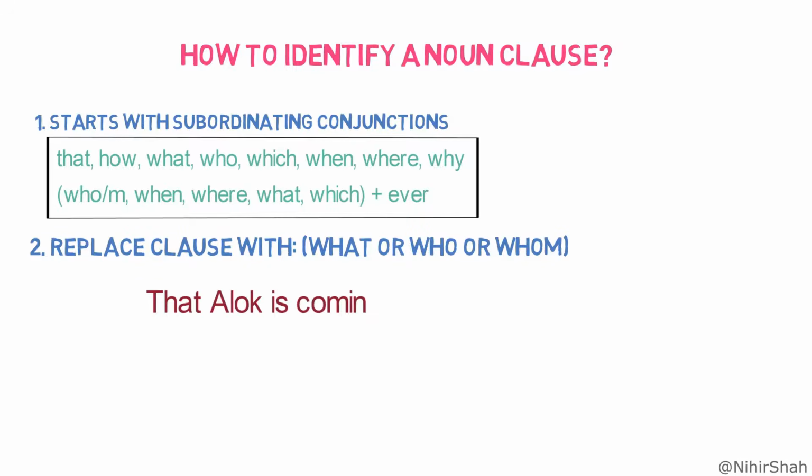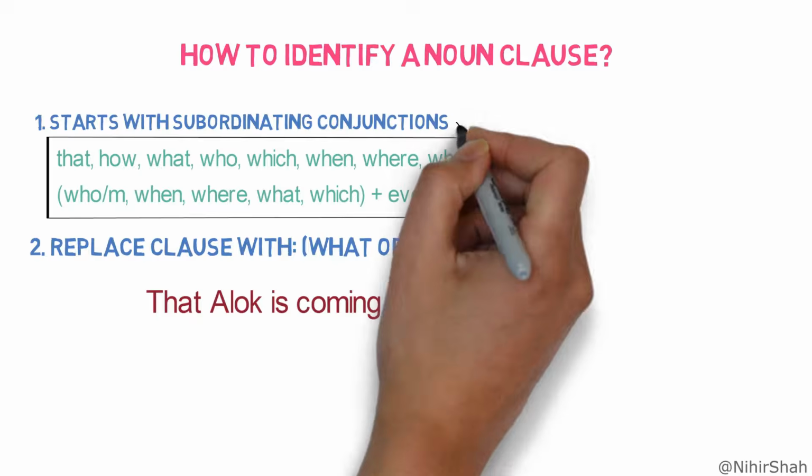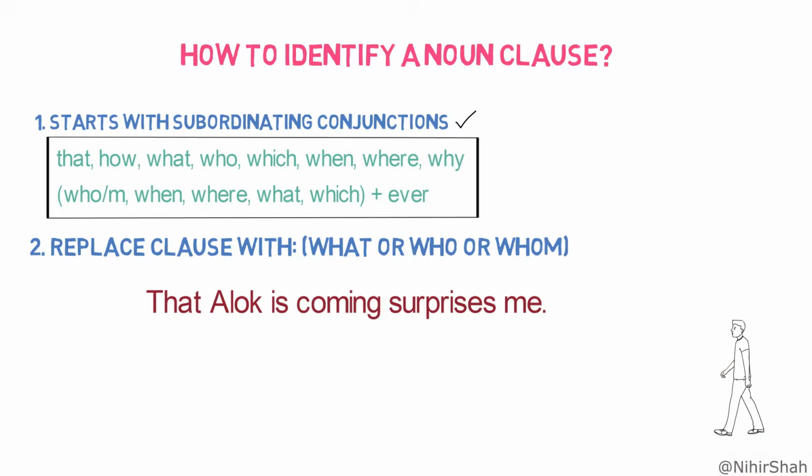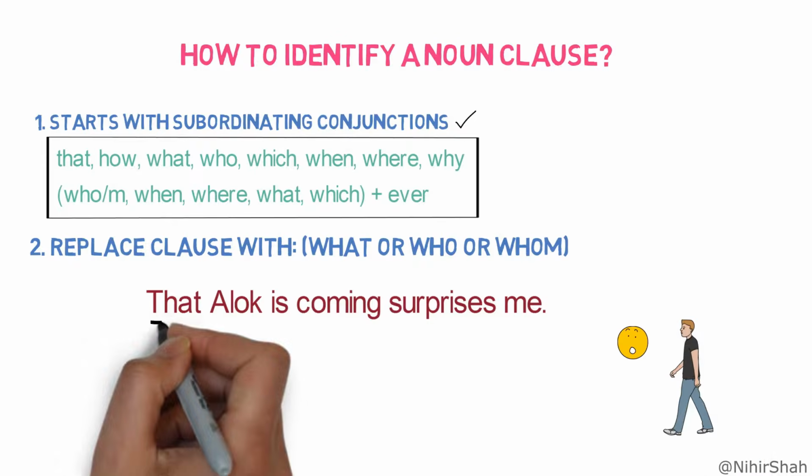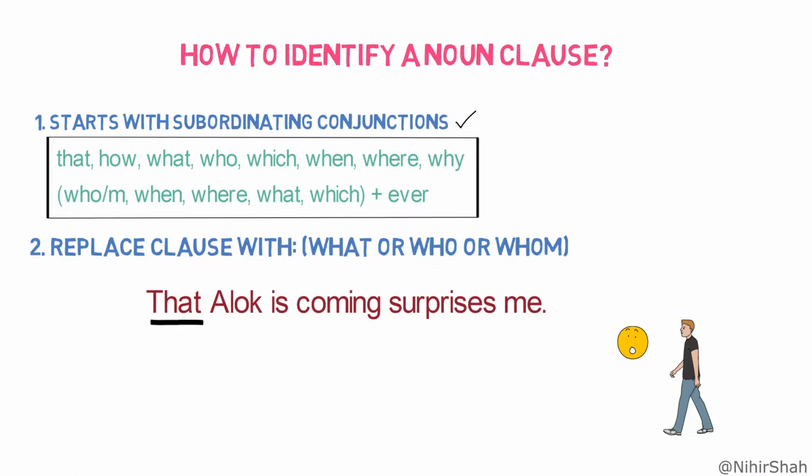That Alok is coming surprises me. The first step is to identify the conjunction. Here, that is used as a subordinating conjunction. And the entire group of words that Alok is coming is a dependent clause, as it has a subject and a verb and a meaning of its own. Now, with step 2, we can confirm if it's a noun clause or not.